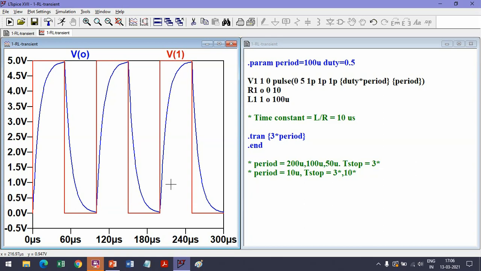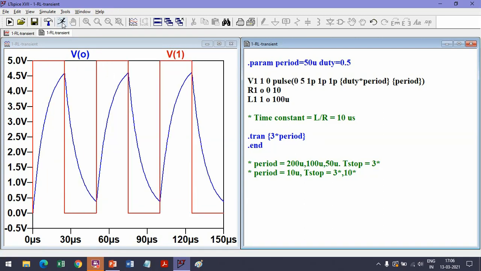It's a little more complicated, but I'm not describing that because we'll see as we go along. So let's make it 50 microseconds. All right, halve it further and let's see what happens.